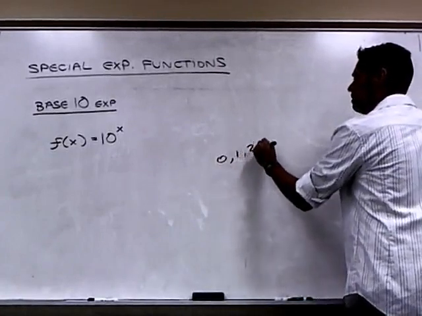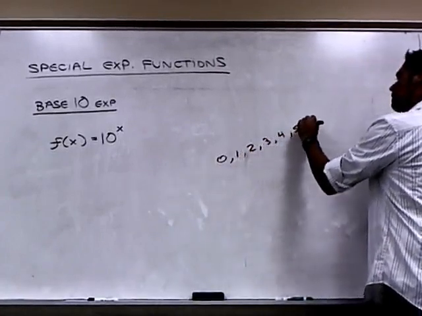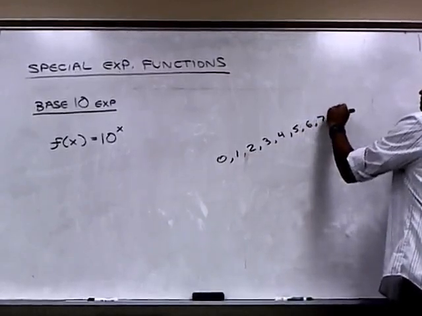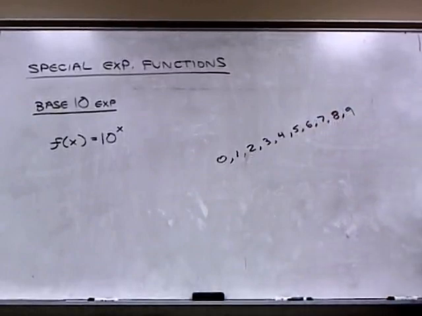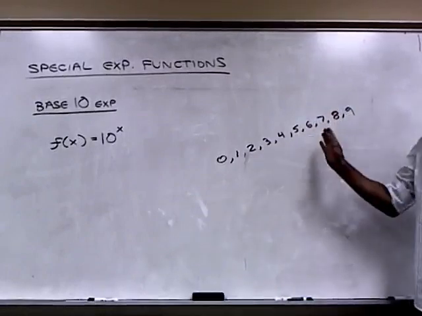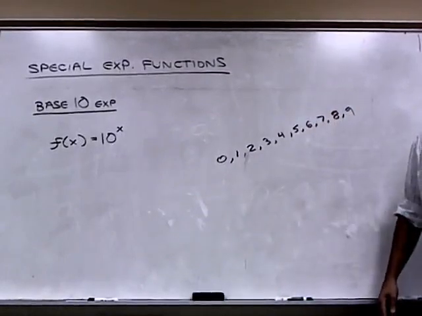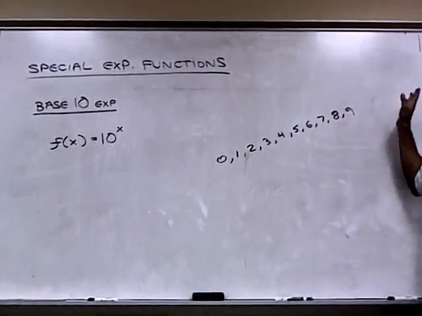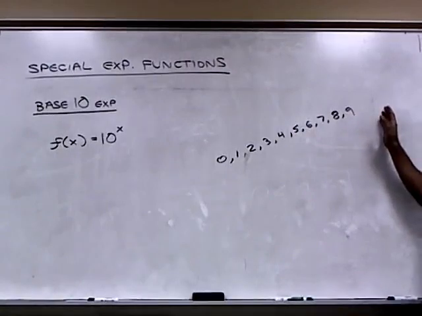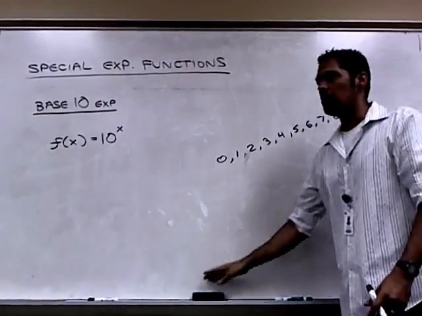Base 10 number system, we can create all of our numbers from those 10 numbers, right? Every number that we can ever write down is based on those 10. There's no like 11th option or 12th option. Agreed?